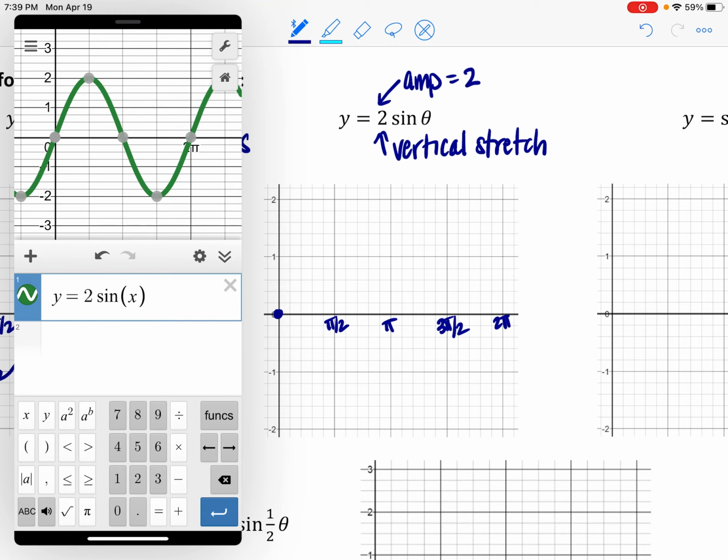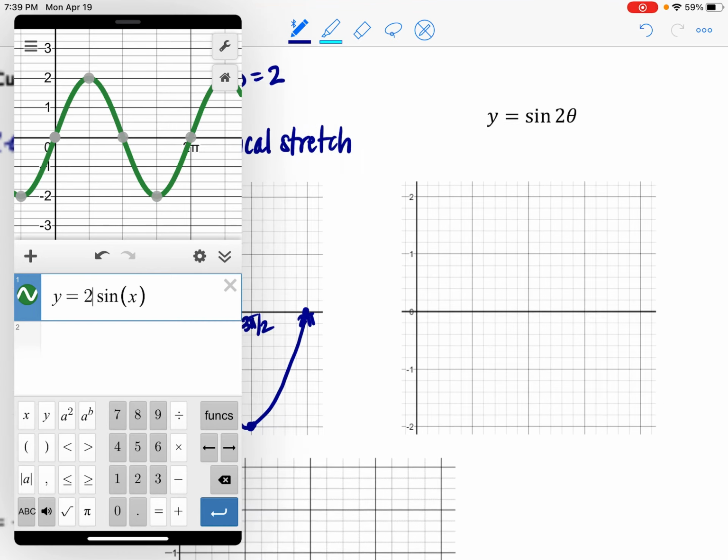So at pi over 2, instead of a max of 1, we have a max of 2. And then we hit 0 again. And then 3 pi over 2, instead of a min at -1, we have a min at -2. And then we hit 0 again. So we are stretched out to have this higher max and lower min, right? So there would be one cycle of 2 sine of theta from 0 to 2 pi.